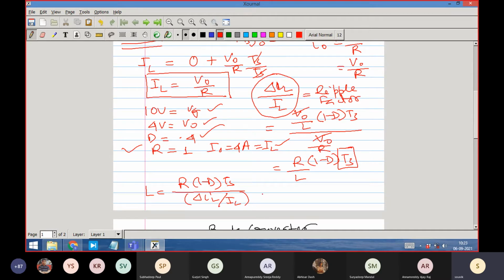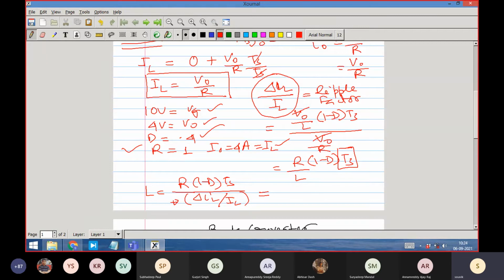Now you can clearly see from the equation, if somebody keeps a specification that says nothing other than this ratio, let us say they are asking it to be not more than 40%, not more than delta IL by IL equal to 40%. So as a designer, what would you do?